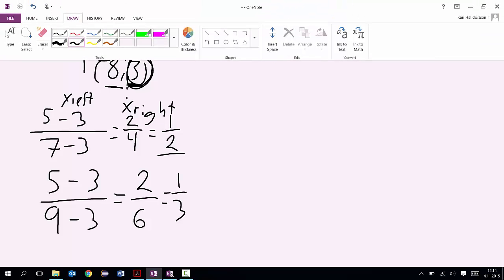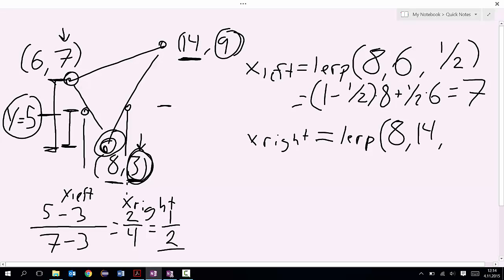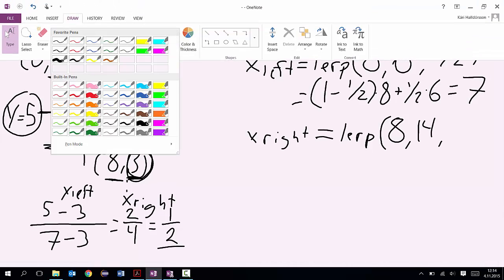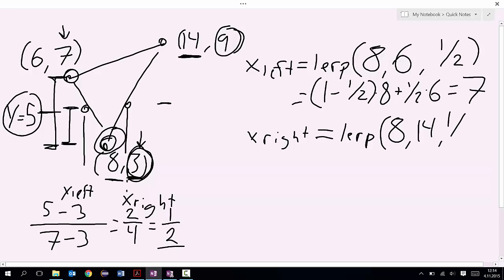So our parameter here will be 1/3. So we're 1/3 along the way from y equals 3 to y equals 9. So we're going to find the x value which is 1/3 of the way from x equals 8 to x equals 14. So we're just taking the same ratio of how far along we are in the y direction, and applying that to x.